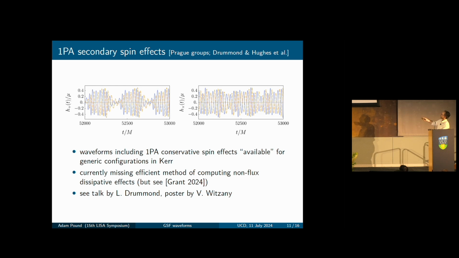So we have 1 PA waveforms that include the conservative spin effects. We also need dissipative spin effects associated with rates of change of things. That's also in the pipeline. There's a little bit of work that needs to be done to fill that last bit in. So there was a talk on these kinds of waveforms by Lisa Drummond yesterday, and there's a poster by Wojciech Brycani.